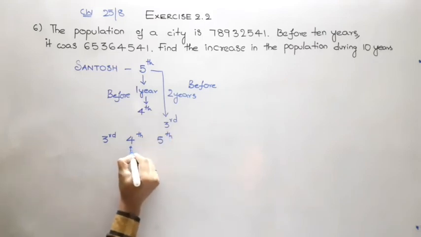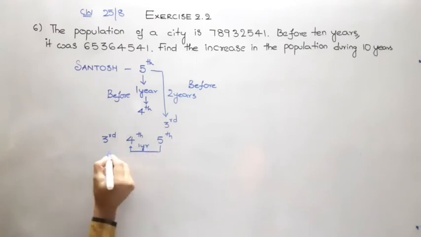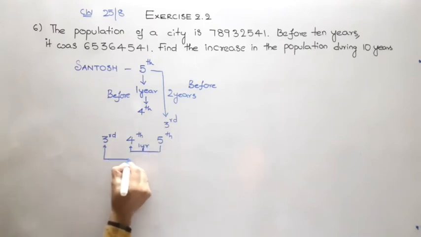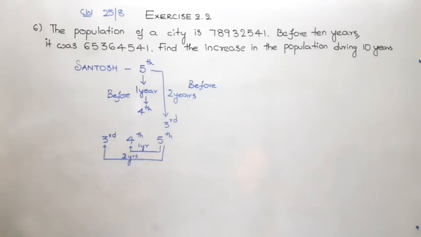So this is before 1 year and 3rd before 2 years. Isn't it? Before 2 years, this boy is in 3rd class and now he is in 5th class.